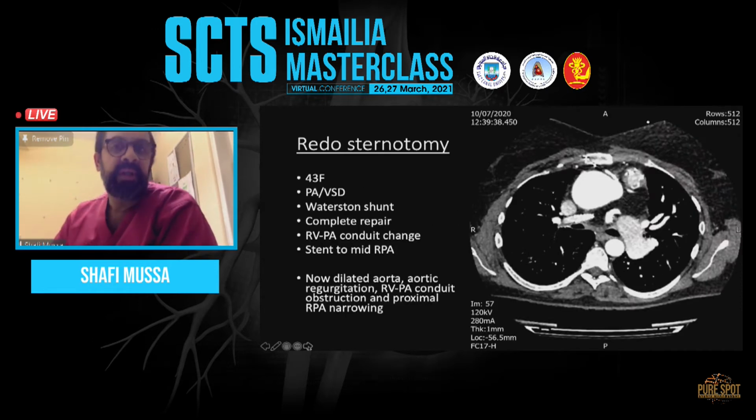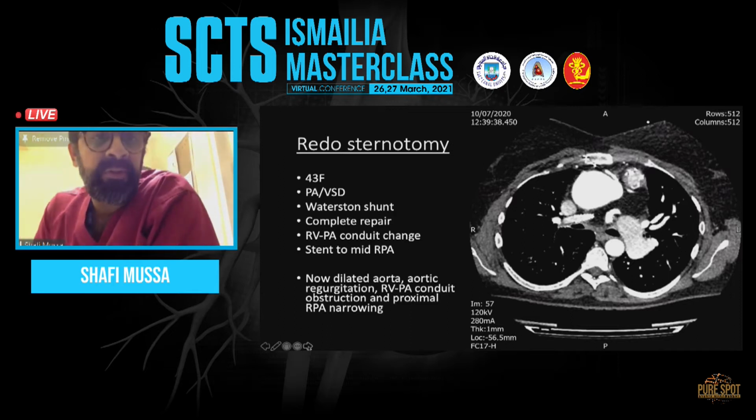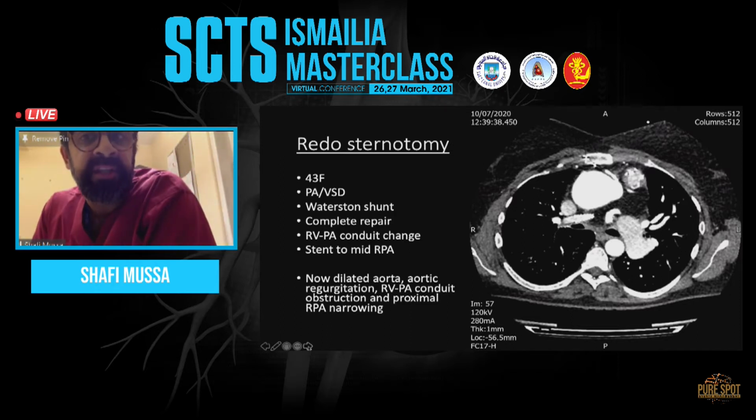So let me share with you a case that I did just in December. She was a 43-year-old lady with an underlying cardiac diagnosis of pulmonary atresia and ventricular septal defect.